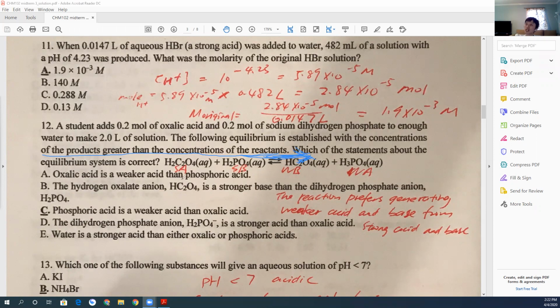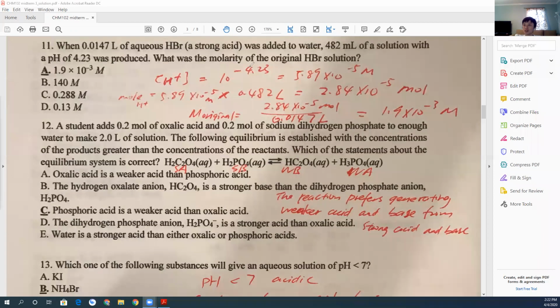That means the left-hand side has the stronger acid and base, and the right-hand side the weaker acid and base. So this phosphoric acid on the right-hand side is a weaker acid than this oxalic acid. So the answer should be C.